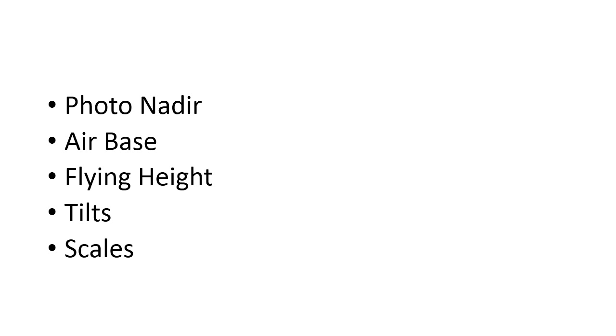So, it is the ratio of a distance on a photograph to the corresponding distance on the ground. Photographic scale varies from point to point. It is usually taken where the focal length and height of the camera are above mean ground elevation.